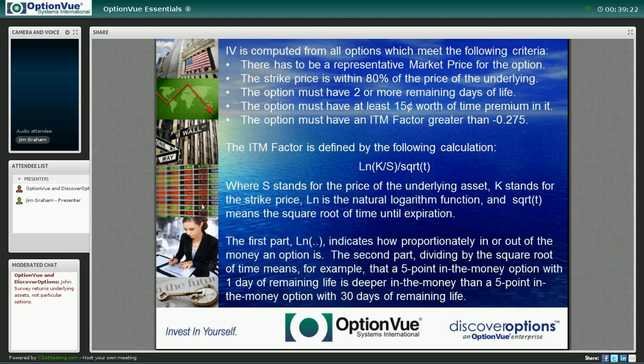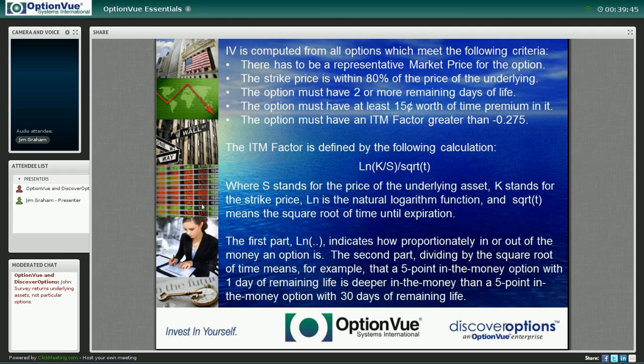Now that last one is kind of technical, so I put the definition here: the in-the-money factor is the natural log of K over S divided by the square root of time, where S is the price of the underlying asset and K is the strike price.